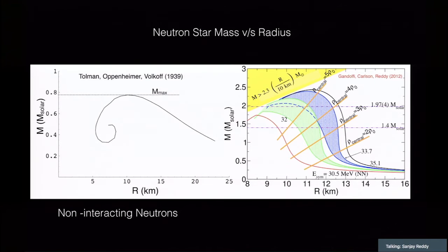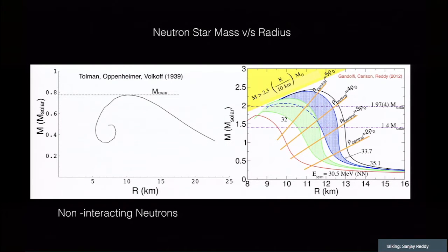So in this figure, we plotted the mass radius relationship for models that include nuclear interactions. And these are a bunch of models. We discussed that the red curve is obtained by just including 2 particle interactions, or 2 neutron interactions, using a potential model. And then the 3 particle interaction between neutrons provides more repulsion.